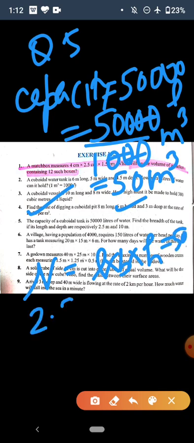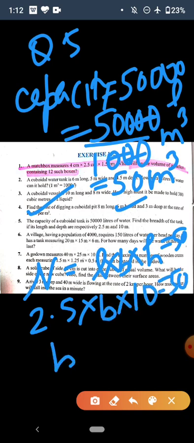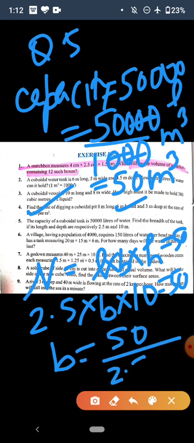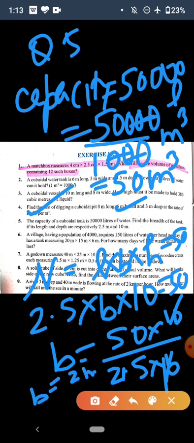L is 2.5, breadth you are finding, height is 10. So 50 upon 2.5 into 10. You can calculate, 10 will be cancelled and the breadth will be 2 meter. So first I have changed capacity into volume by dividing by 1000, because 1 meter cube is equal to 1000 liter.